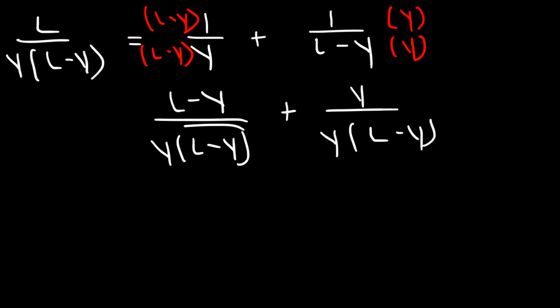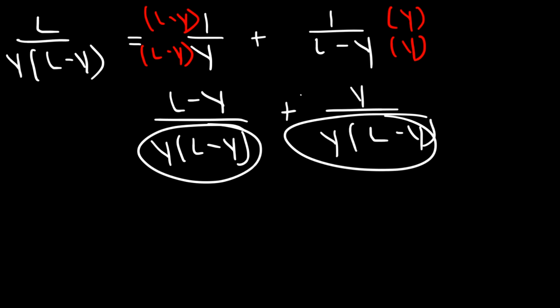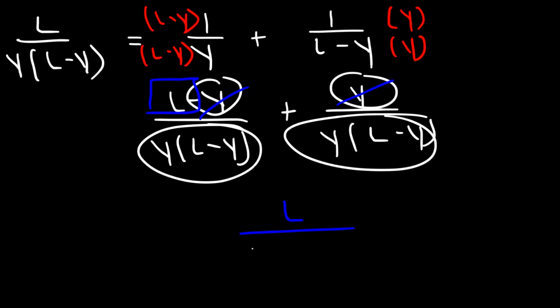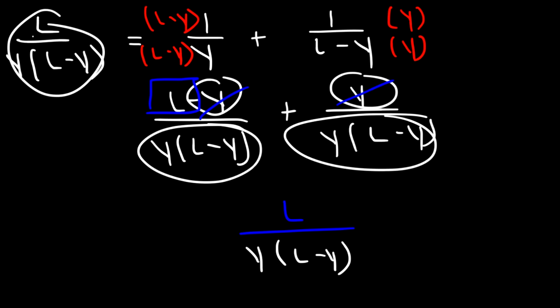Now, because we have the same denominator, we can add the two fractions. Negative y plus y will cancel. Negative y plus y is 0, leaving behind just L. So on top we have L, and on the bottom, y times L minus y, which is this. So therefore we know this process is correct.